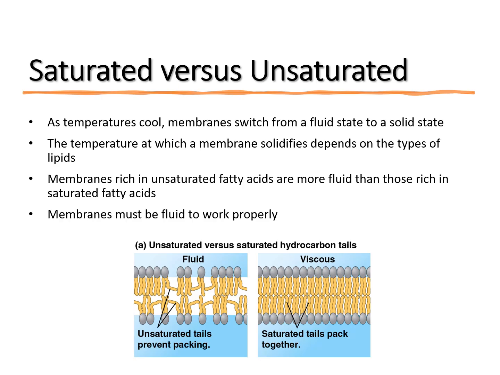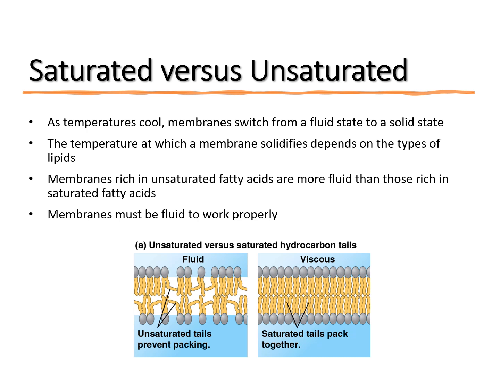And I'm going to remind you about what we've talked about in class about saturated versus unsaturated fatty acids. Again, we see long chains of hydrocarbons, and with saturated fatty acids, they're all single bonds. But with unsaturated fatty acids, they're going to have some double bonds. As temperature cools, membranes are going to switch from a fluid state to a more solid state.